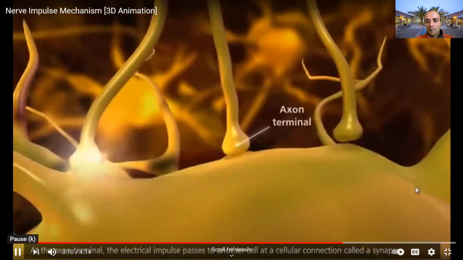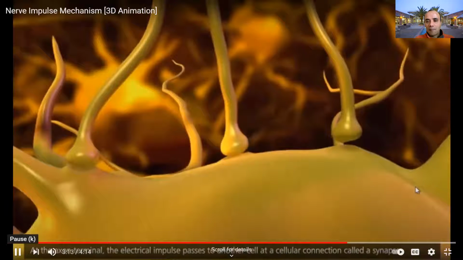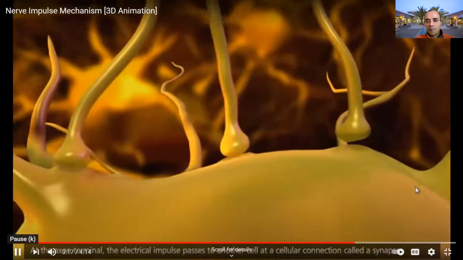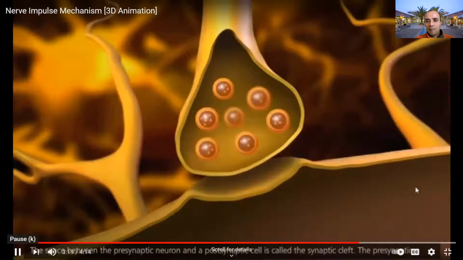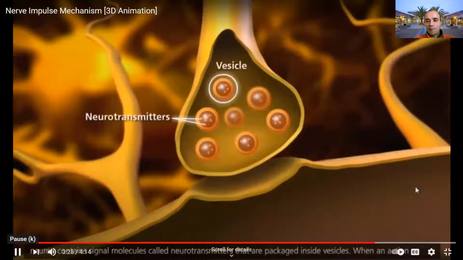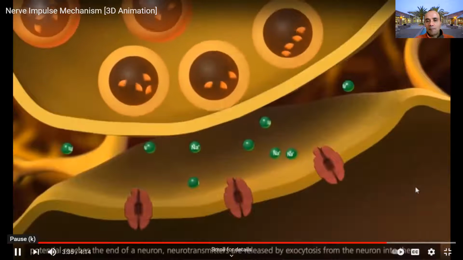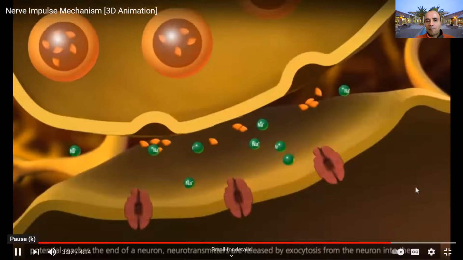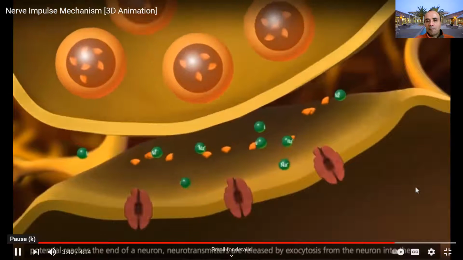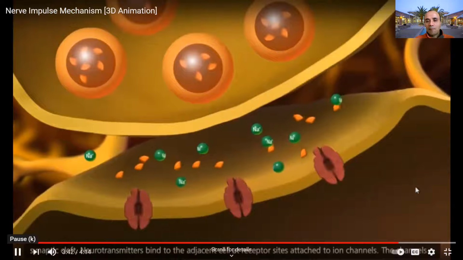At the axon terminal, the electrical impulse passes to another cell at a cellular connection called a synapse. The space between the presynaptic neuron and a postsynaptic cell is called the synaptic cleft. The presynaptic neuron contains signal molecules called neurotransmitters that are packaged inside vesicles. When an action potential reaches the end of a neuron, neurotransmitters are released by exocytosis from the neuron into the synaptic cleft.